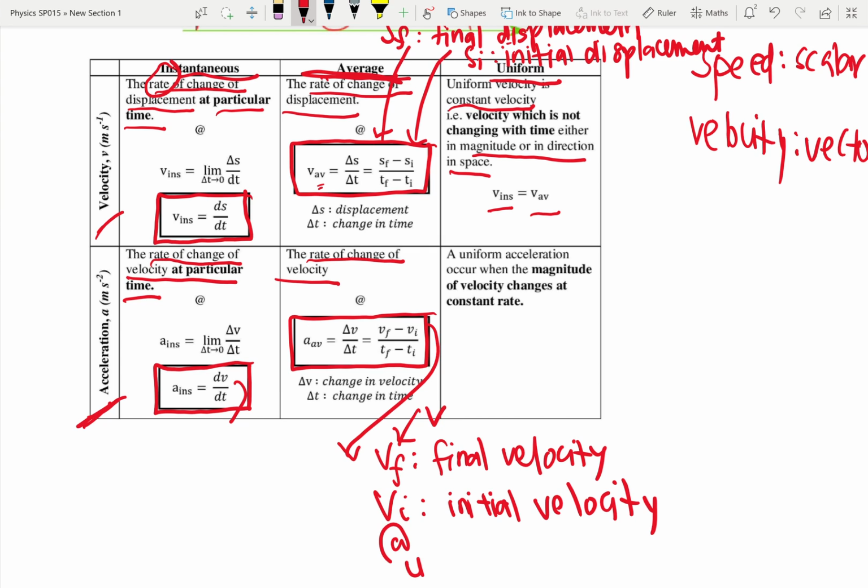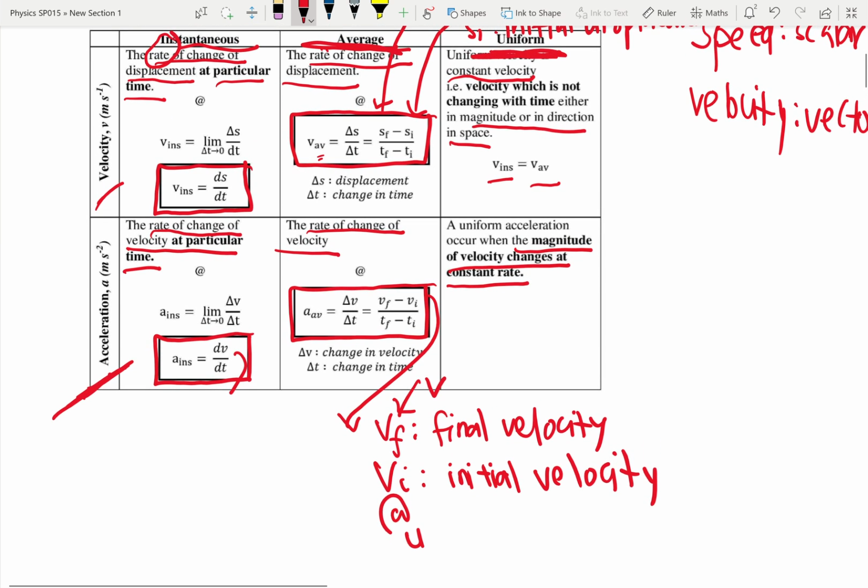Alright. And then next is the definition of uniform acceleration. Uniform acceleration occurs when the magnitude of velocity changes at a constant rate. So A is uniform.